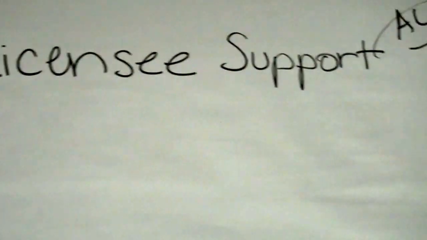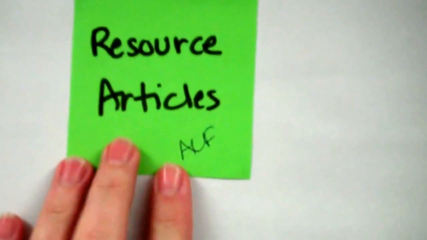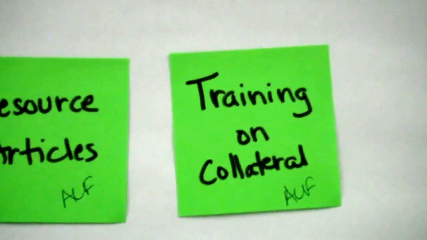Real quick, let's look at another example. So my licensee support hat, when I have to put that one on, I've got some well-held tasks here, like providing resource articles for our licensees, training them on how to use our sales collateral. That's a well-held task within that role.